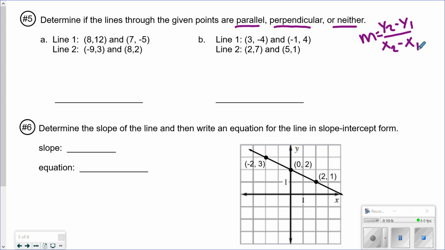Just remember you plug the coordinates into that equation. So for part A here, we get the slope is equal to 17. And for the second line, when I plug this into my slope formula, I end up getting negative 1 over 17. So these two slopes are opposite reciprocals, which means they are perpendicular.